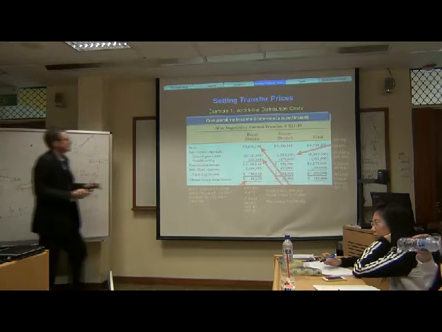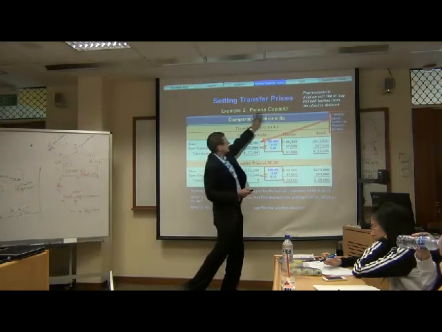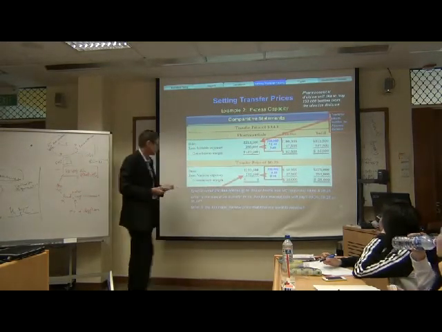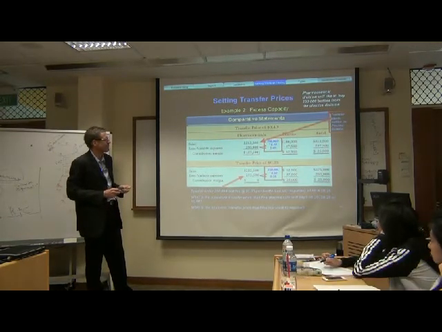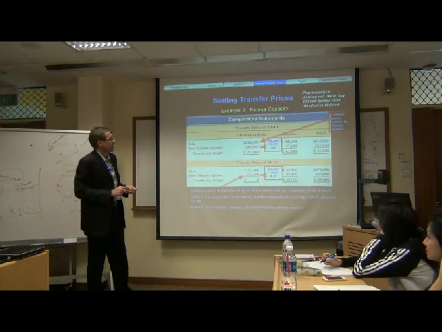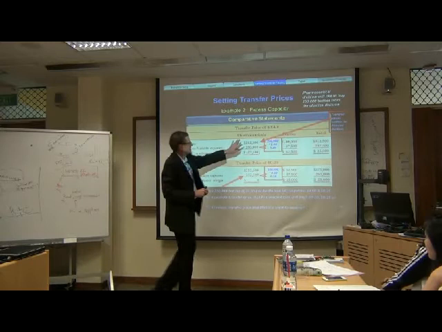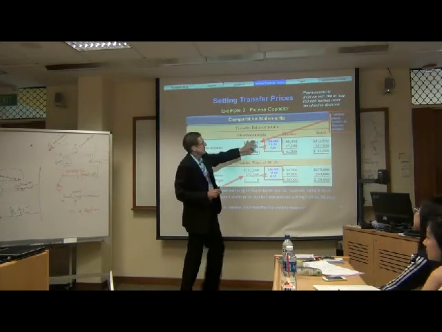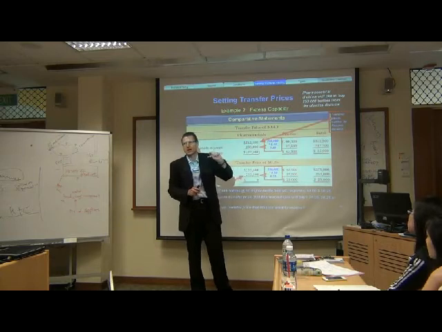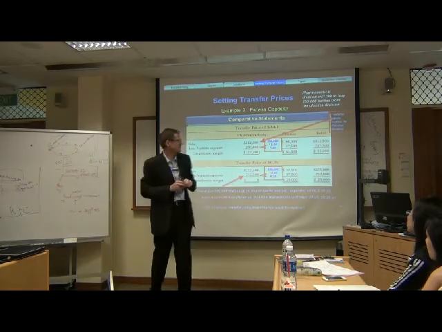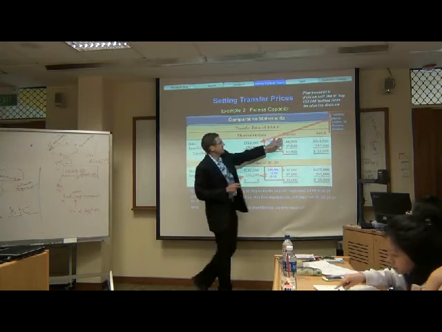Okay, next, let's have a look at the excess capacity. There are two divisions. There's pharmaceuticals and then there's plastics. Who is buying from who? Pharmaceuticals is buying from plastics.